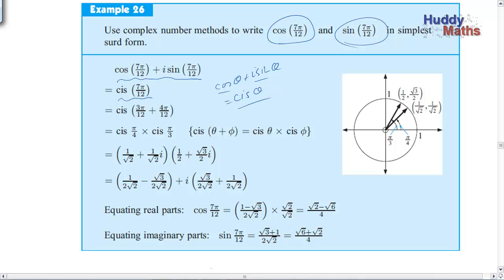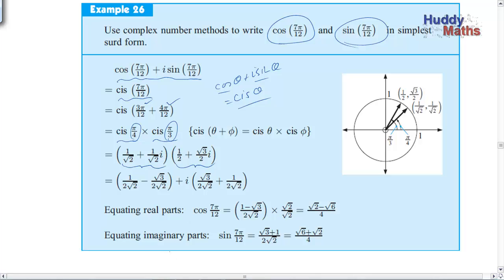Okay, so we're going to write that, and then to understand these better we could break it into 3π/12 and 4π/12, and the reason for that, of course, is that these are common angles. So this original cis 7π/12 could be thought of as the product of cis π/4 and cis π/3, and then we can change it back to x + yi form.